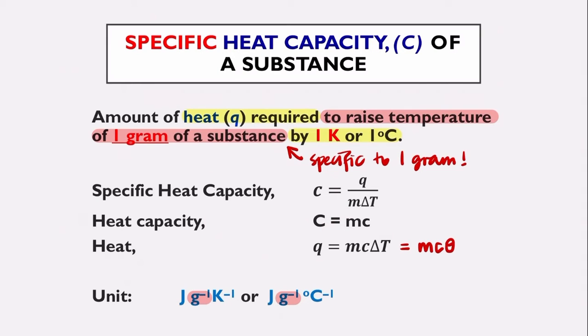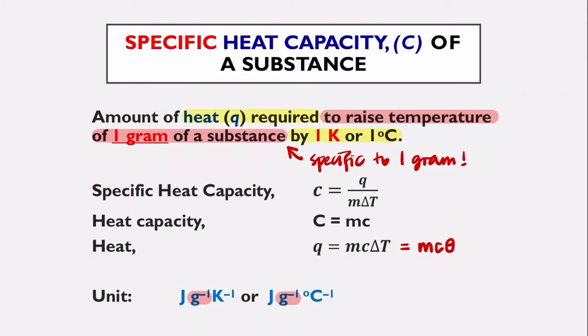Since heat capacity is this, it already takes account of the mass times the specific heat capacity. Therefore, heat change will be equal to Q equals mc delta T, or Q equals mc theta if in physics. So basically you can interchange between the formula before and this one.